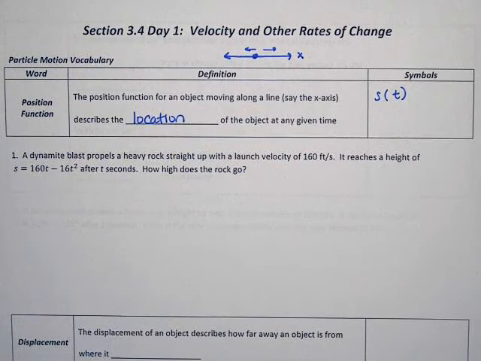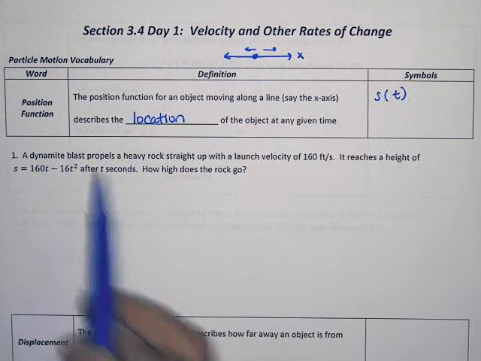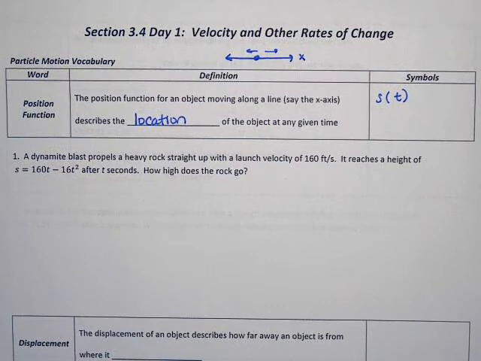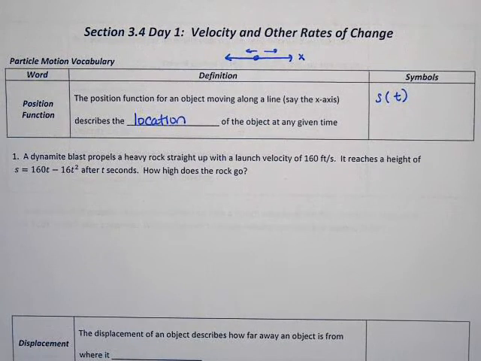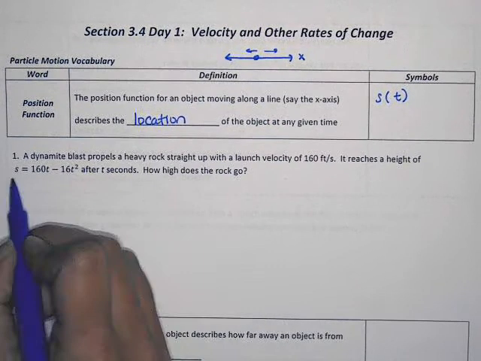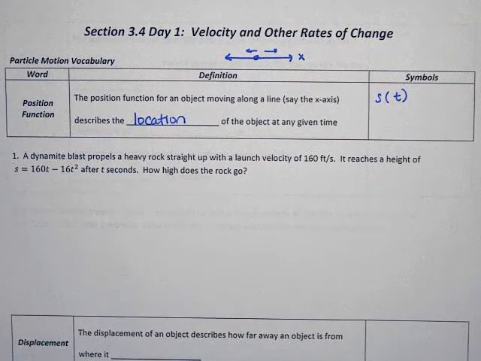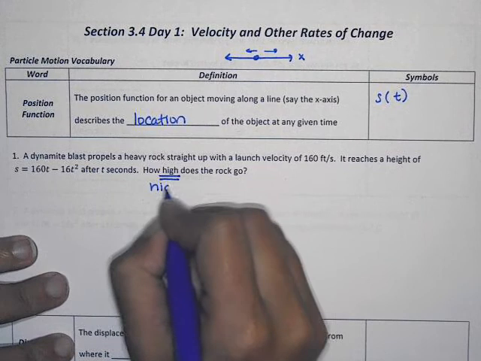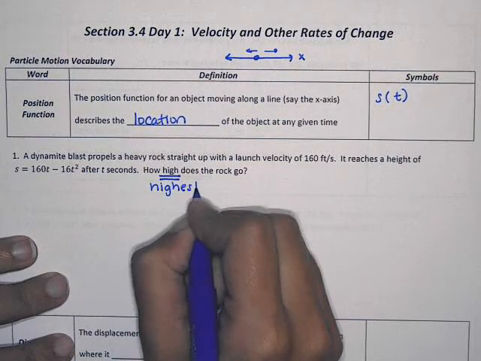For example, a dynamite blast propels a heavy rock straight up with a launch velocity of 160 feet per second. It reaches a height of s equals 160t minus 16t squared after t seconds. How high does the rock go? If we're trying to figure out how high, this is really asking us about the highest spot.